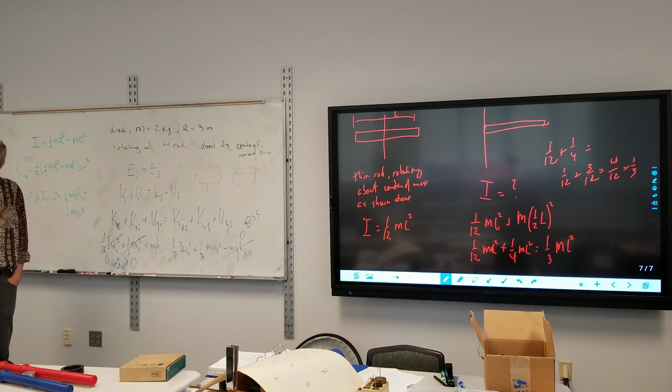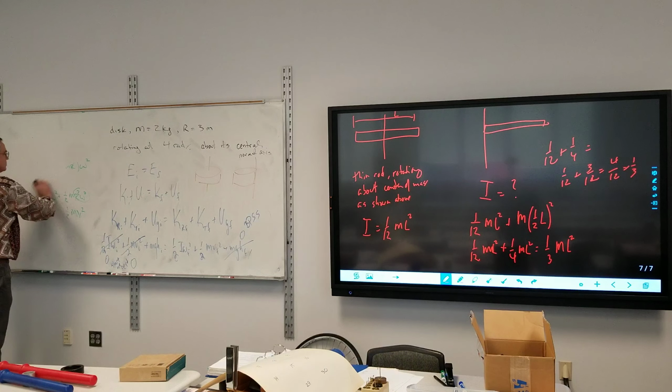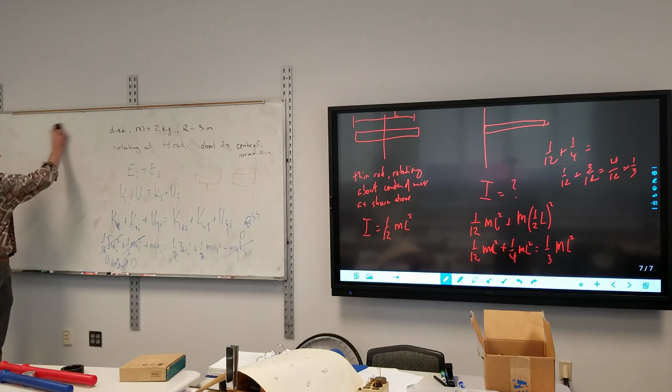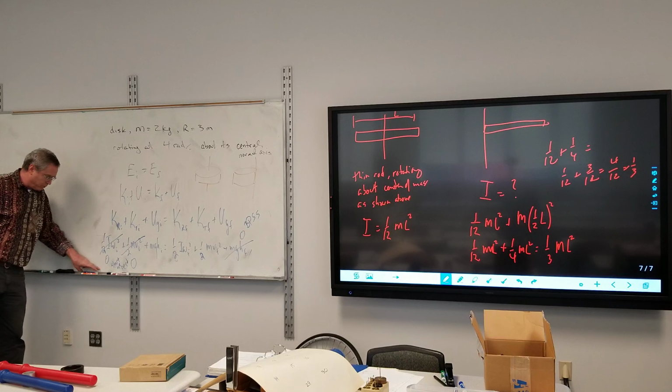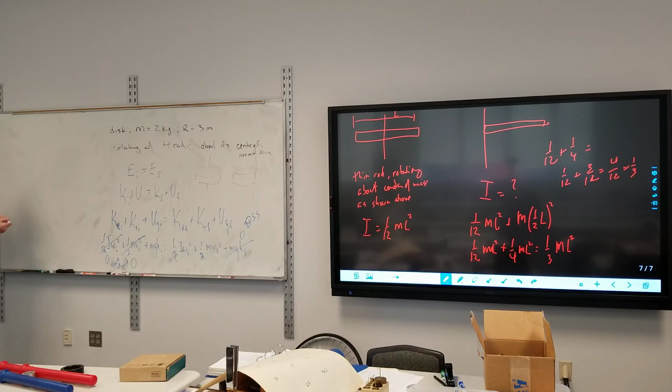So as I was twisting it, what am I doing to it to cause it to twist? Torque. Yes. I would have also accepted force, because that's related to torque. So let's talk about torque.